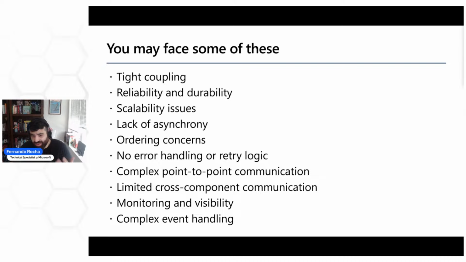As I mentioned before, without a particular messaging service, you can't ensure that your message is going to be reliably delivered, right? Properly delivered. It can be a little challenging to do that. If a component, as I mentioned before, is unavailable, messages can be lost or not properly processed.